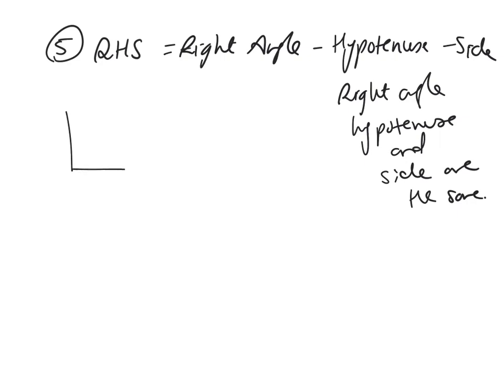So if I have a look at an example, I have a right angle, I have a right angle, my hypotenuse, I'm going to label that H, and I have this side over here. Therefore, these two triangles are congruent.